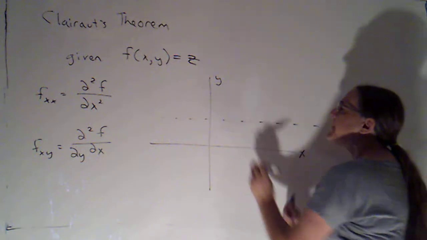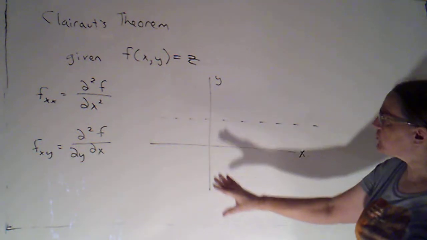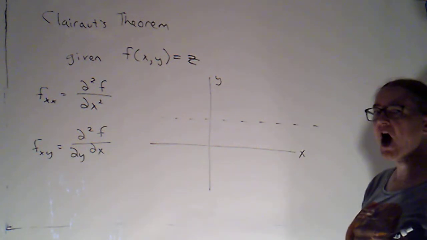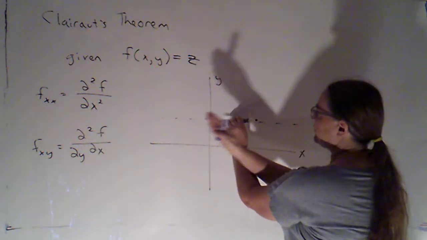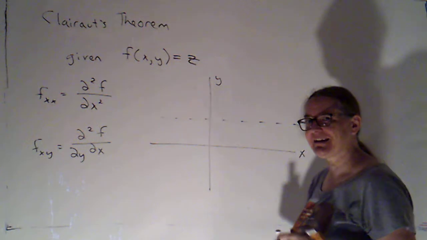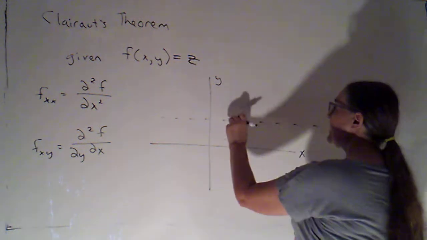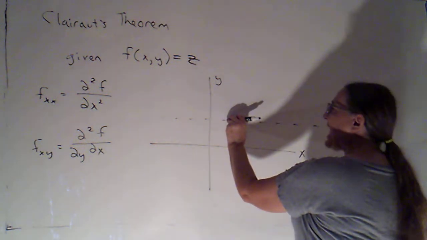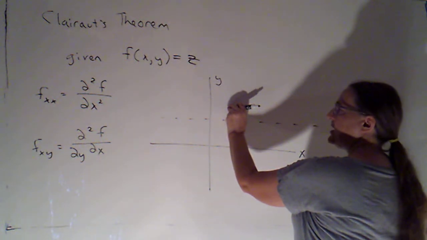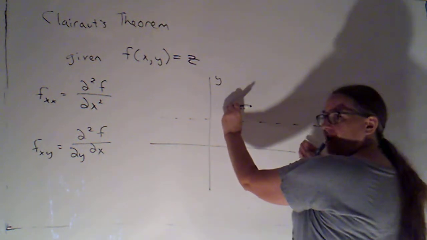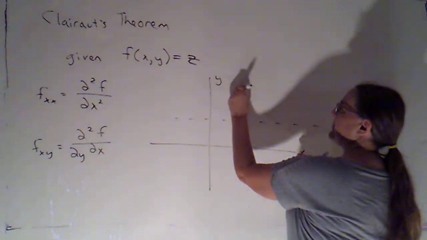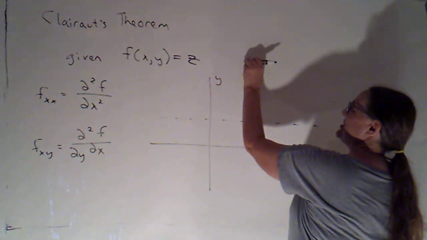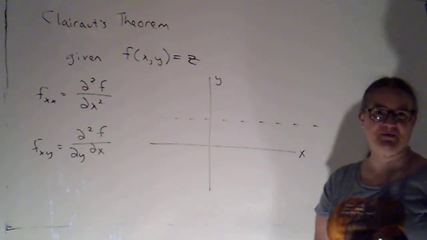Okay. But then, when I take the partial derivative with respect to y, now I'm not looking at going left or right. I'm now looking at going up or down. So now we're saying, as I go up or down, how does that slope that I get change? Now, I'm sort of representing that here by just changing the direction in which my marker is pointing.